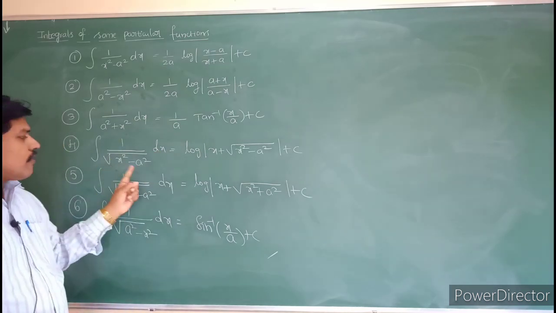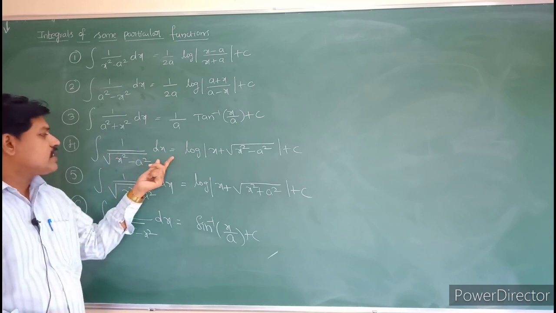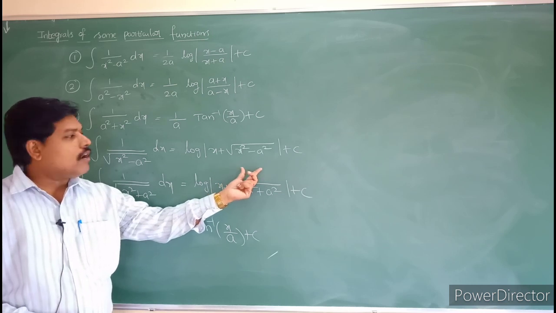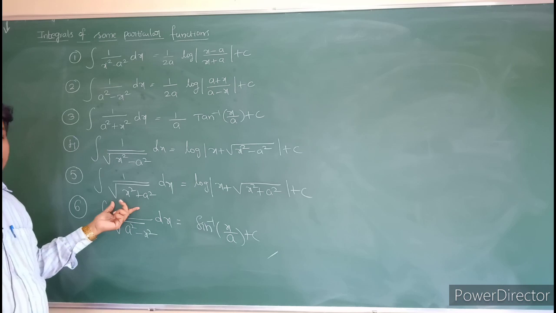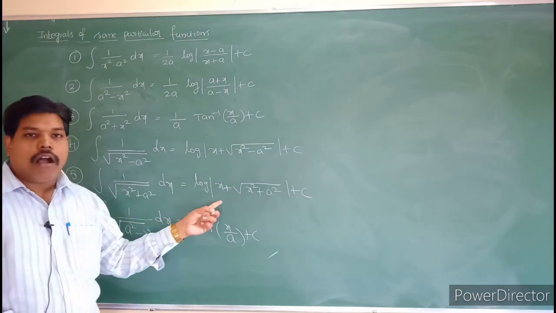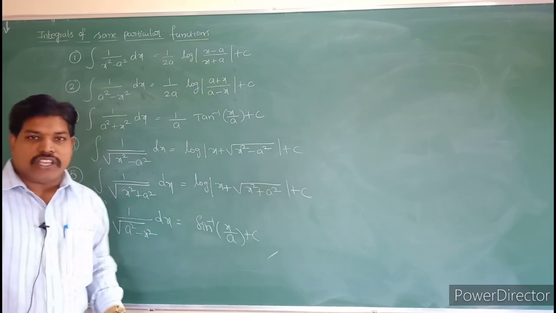Integral 1 by root of x square minus a square into dx is log mod x plus root of x square minus a square plus c. Integral 1 by root of x square plus a square into dx is log mod x plus root of x square plus a square plus c.